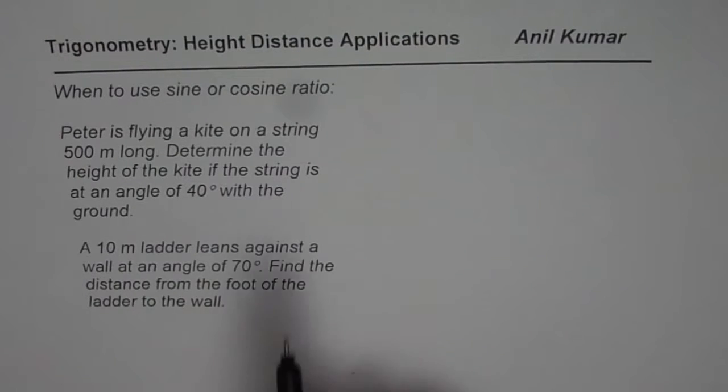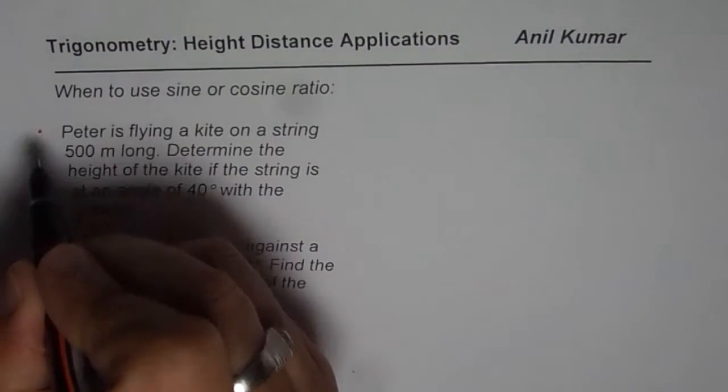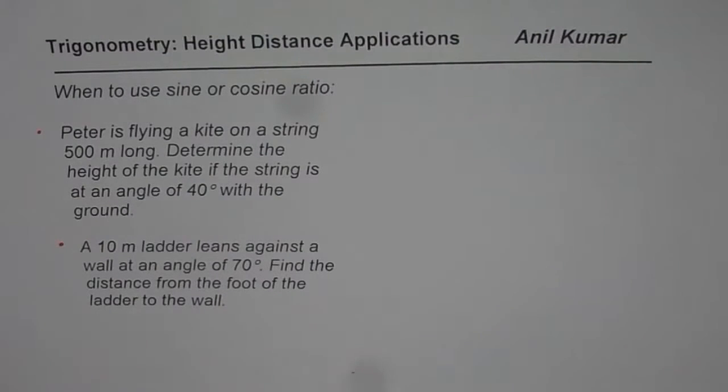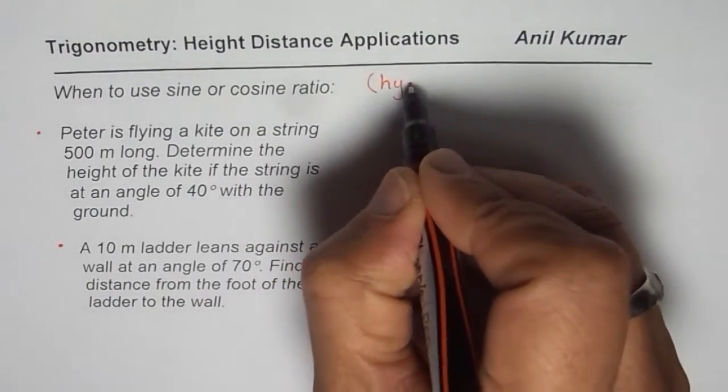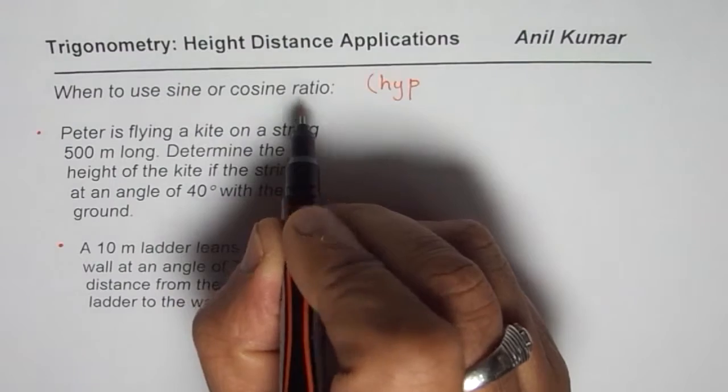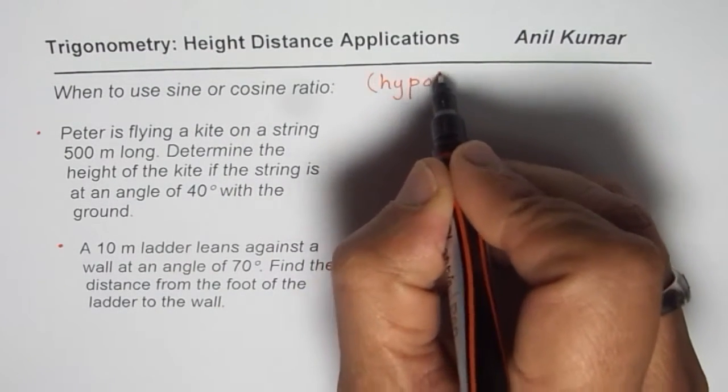But sometimes we are also involving the hypotenuse, right? In a right triangle, whenever you involve the hypotenuse, then sine and cosine come into the picture. So let's take two examples here and we'll see how. The key which answers this question is the hypotenuse.